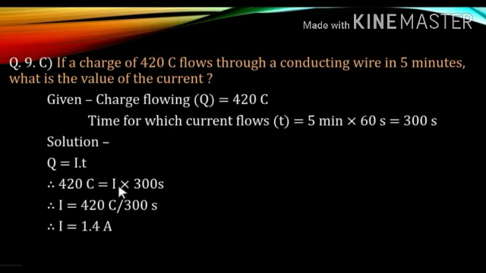Now I will remain on the same side, while this 300 seconds which is present in the multiplication will go into the denominator on the other side, and therefore we will get I is equal to 420 coulomb divided by 300 seconds. This division will be equal to 1.4 ampere. Therefore, current flowing through the circuit is 1.4 ampere.